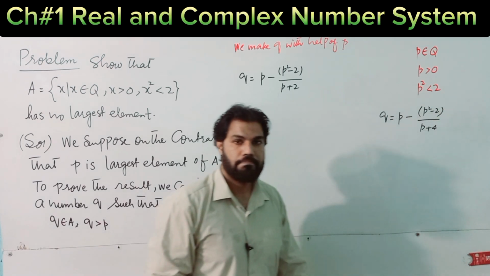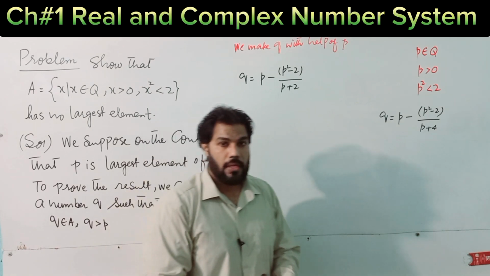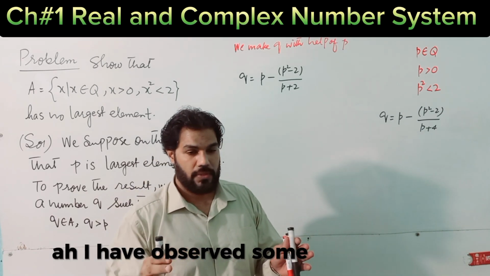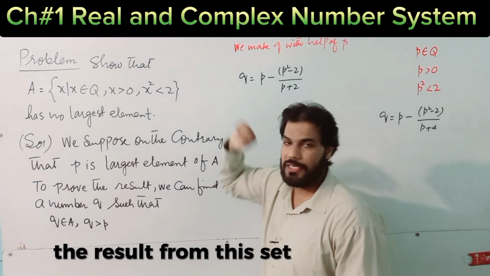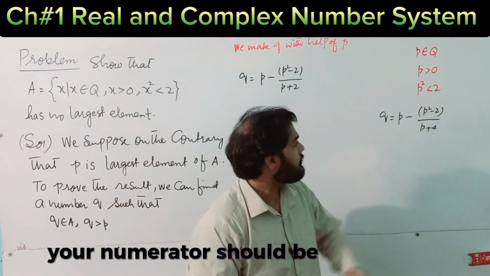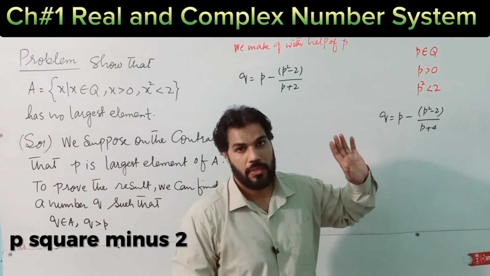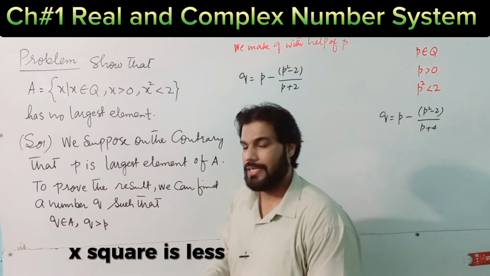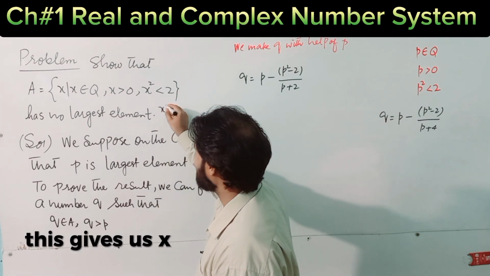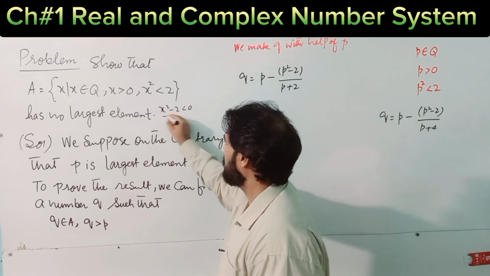Suppose I have observed some results from this set A. Your numerator should be P square minus 2 because of this inequality: x square is less than 2. This gives us x square minus 2 less than 0.